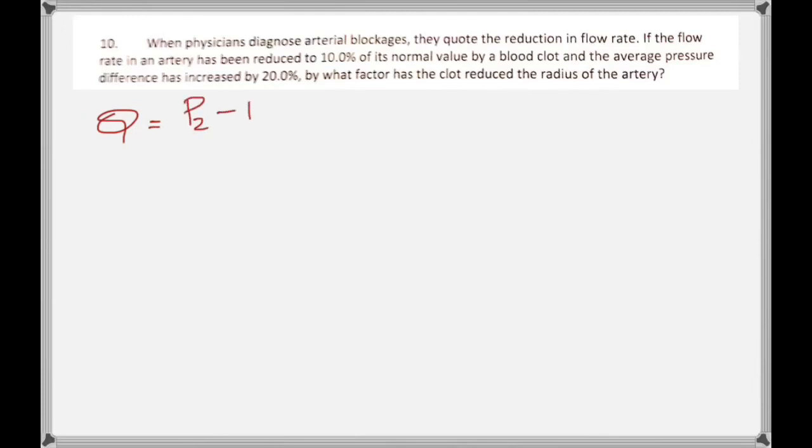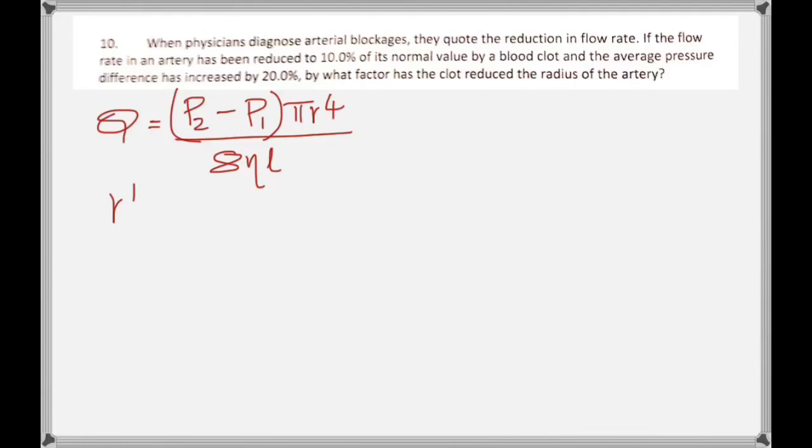The flow rate is given by the difference in pressure, pi r raised to 4, divided by 8 eta times the length. So r is the radius of the artery. P1 and P2 are the pressures at the two ends of the artery.